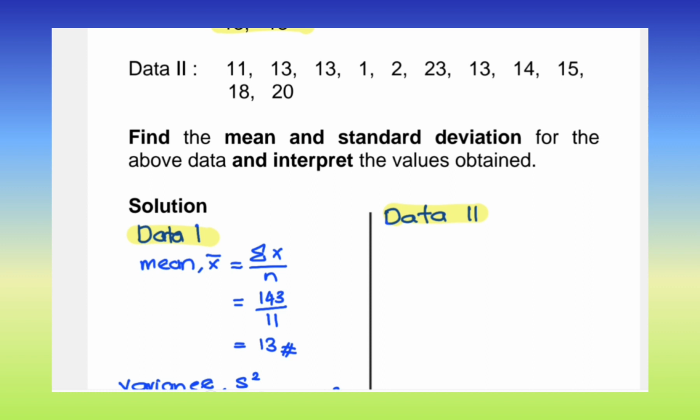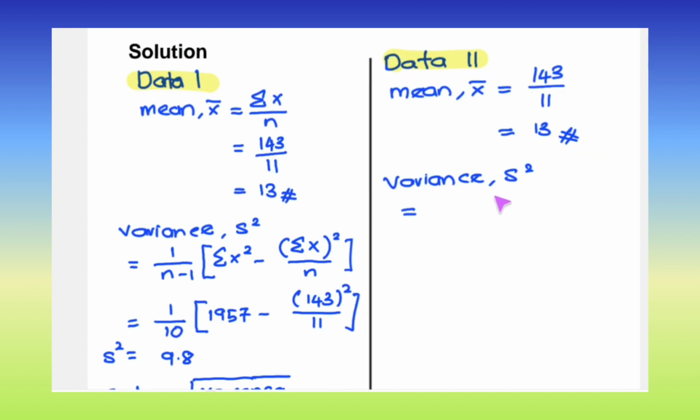Next, for data number 2, let's find the mean. Mean x bar is equal to summation of x, so add up all the given data. Here we have 143 over 11, so the answer is 13. Next, we proceed to find the variance by using the same formula as data 1.